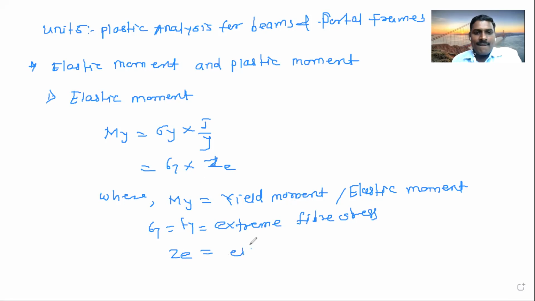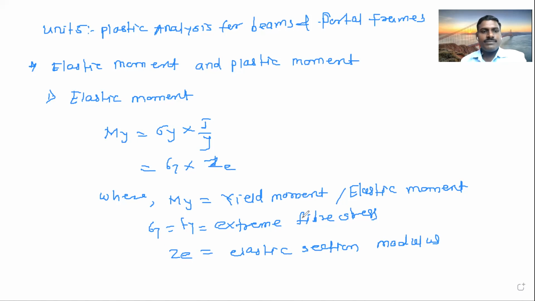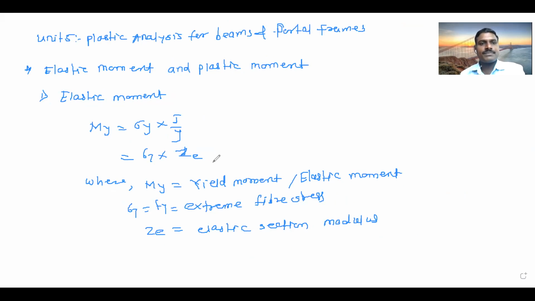ZE is the elastic section modulus. So this is related to elastic moment, but our target in this particular chapter is to find the plastic moment. So write this down.